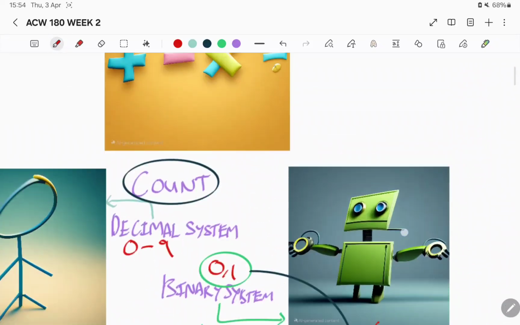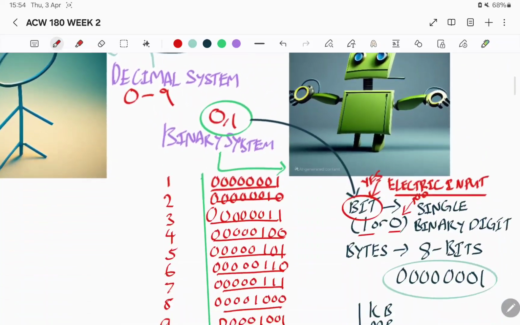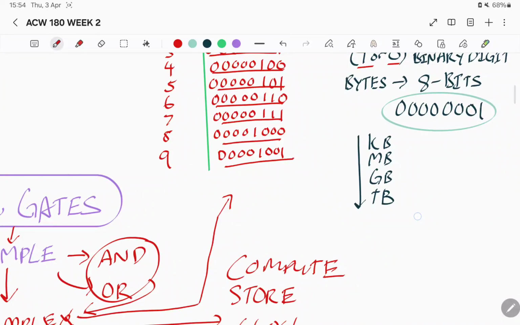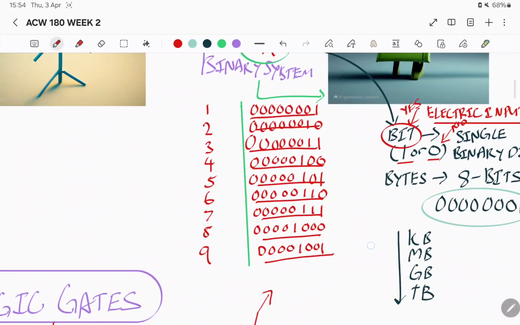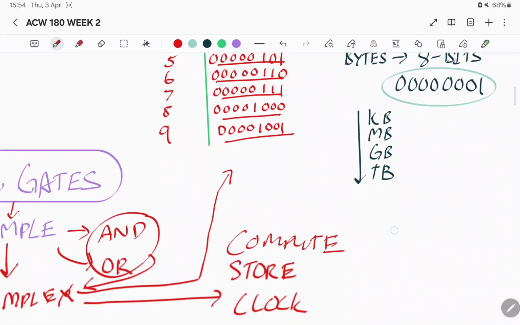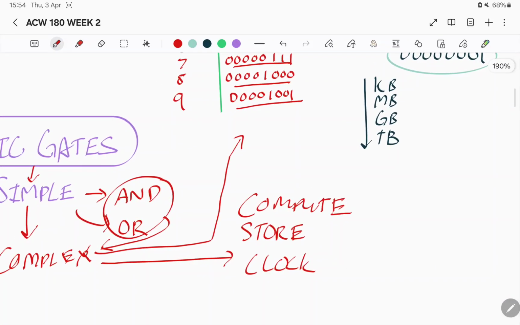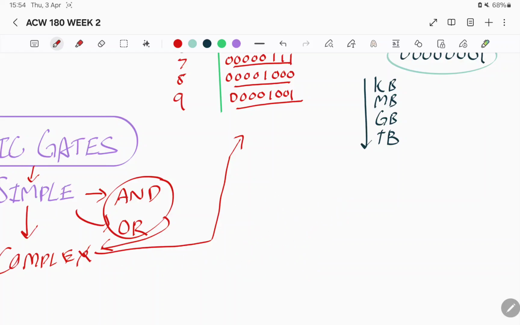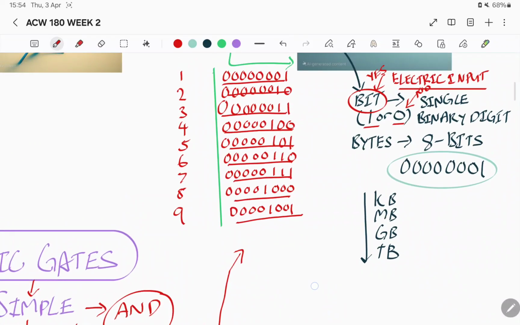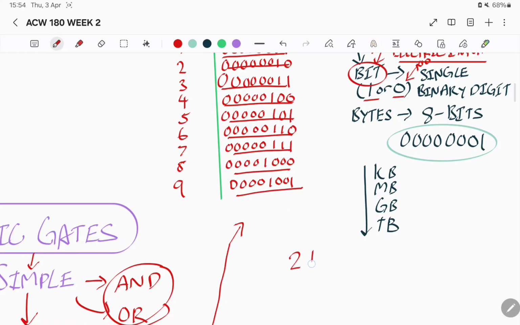The last part before I go into the CPU is how the computer will compute by using this one. All right, let's say 2 plus 3 is equal to 5, right?